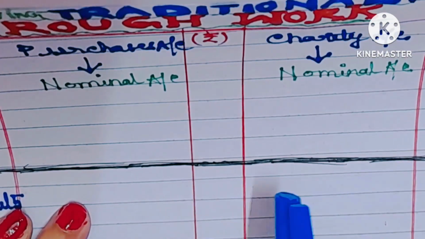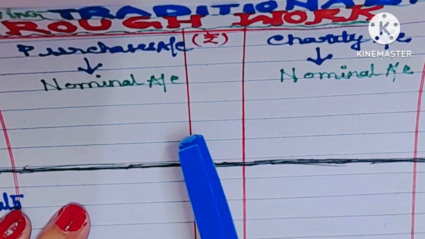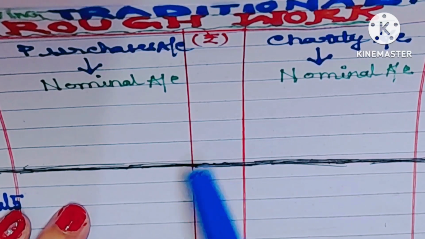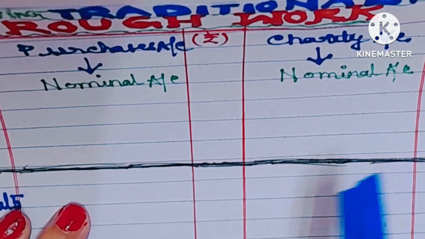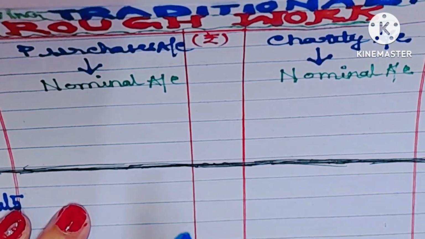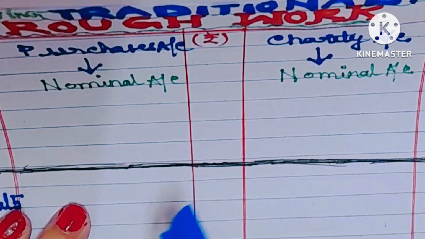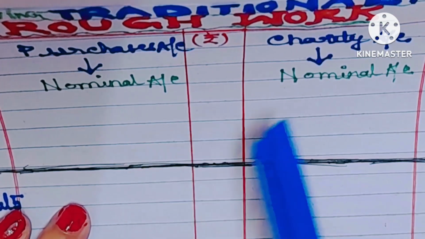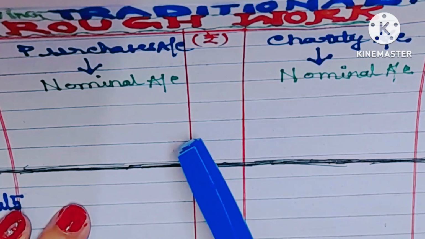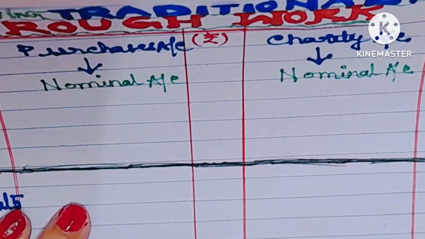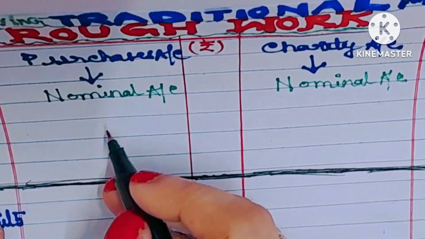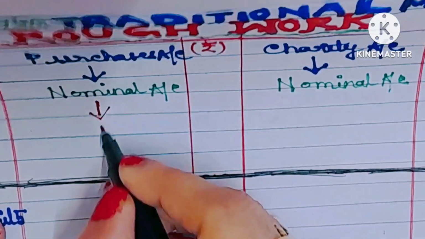So when we write purchases account on the credit side, it cancels out the amount rupees 20,000. So the traditional method or the 3 golden rules of accounting is not applicable in purchases account. So purchases account should be credit.